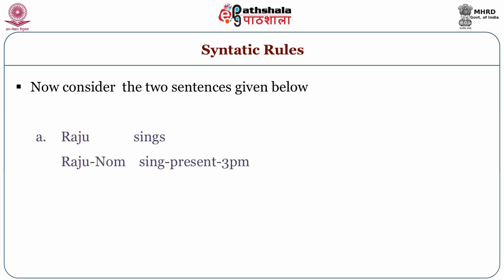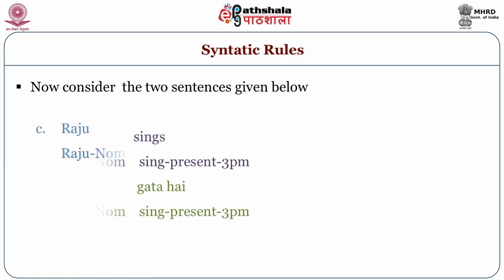Raju gata hai in Hindi, and we say Raju sings in English. In the same way, we have a subject and we have a verb in the sentence. The languages are different, but these two parts are the same.